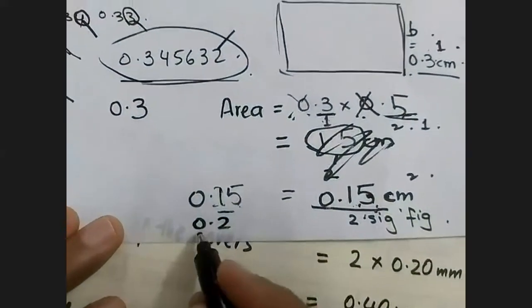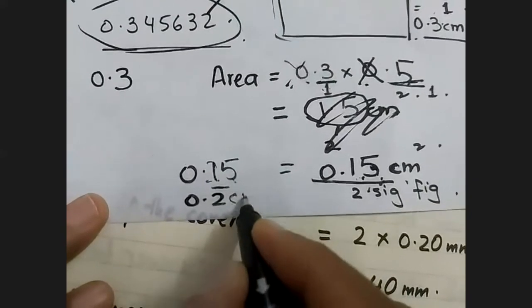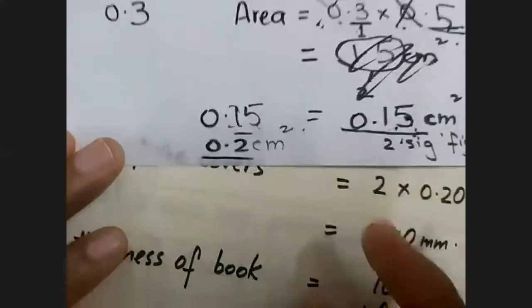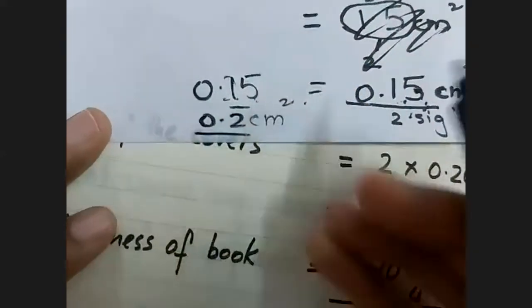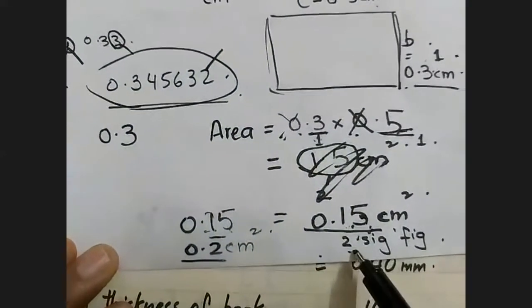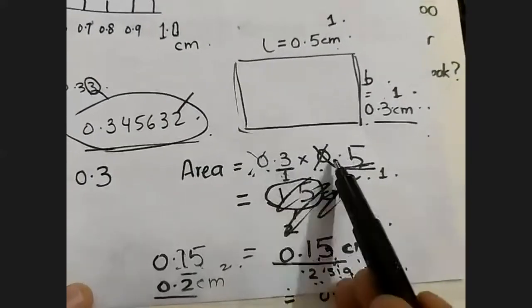So it would become 0.2 centimeters. That would be the answer. So what I'm trying to say is that when you multiply two numbers, the answer cannot have significant figures greater than the factors that you are multiplying.